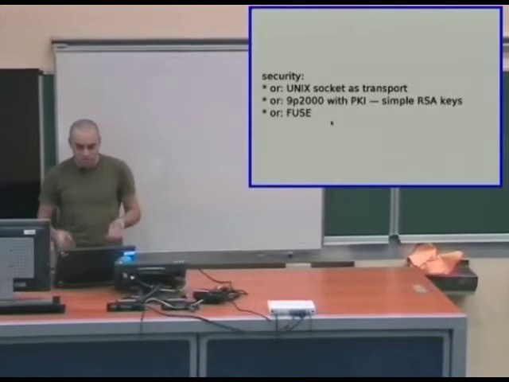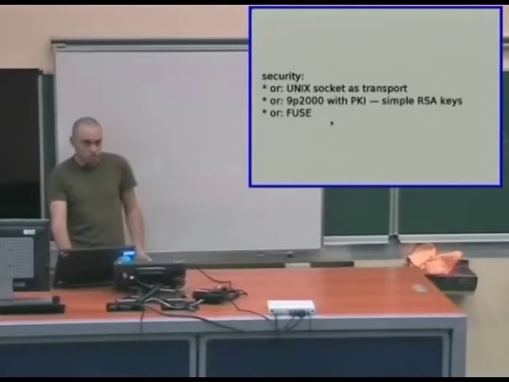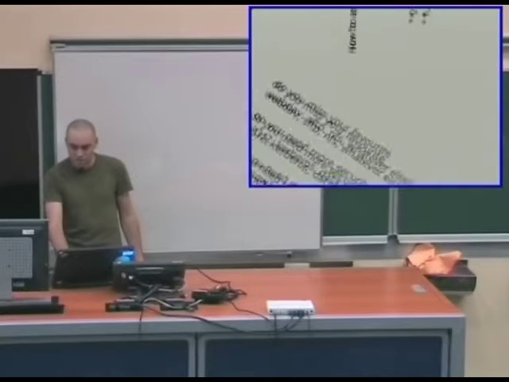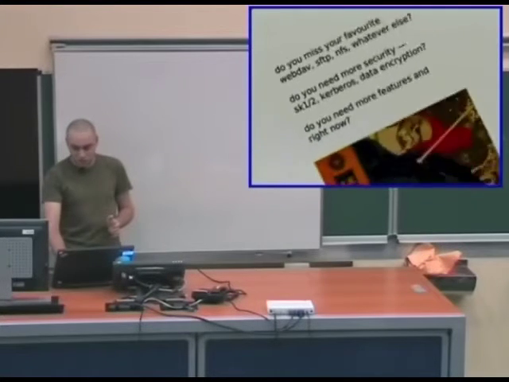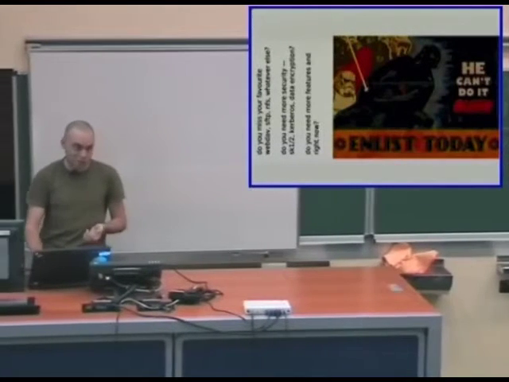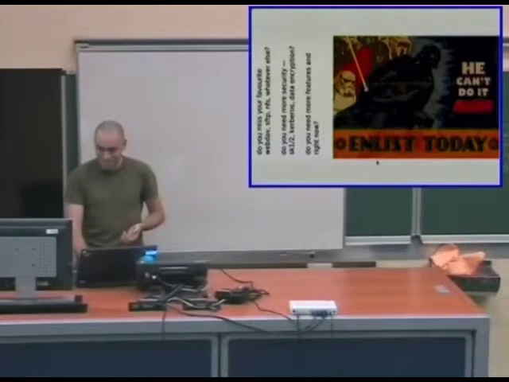We can use UNIX sockets. We can use any transport, TCP or similar, to export objects. If you miss anything in the library, you can help to implement it or just ask, at least.